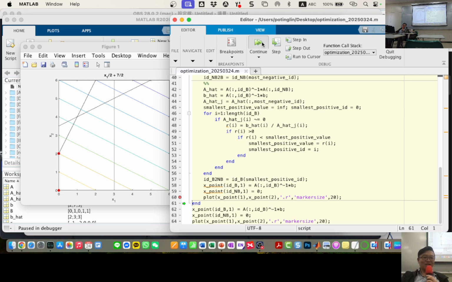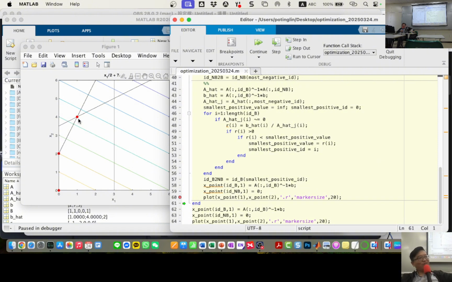And let's move on to the next iteration. We realize we bump into this intersection point. So that's where one of the selected variables goes from 0 to positive, and it stops somewhere.